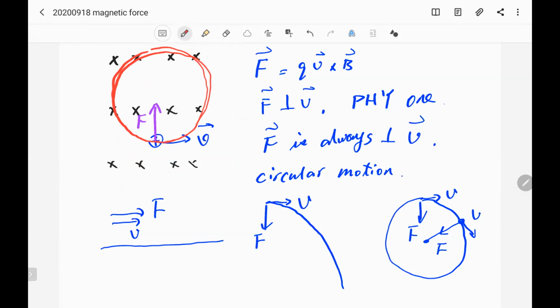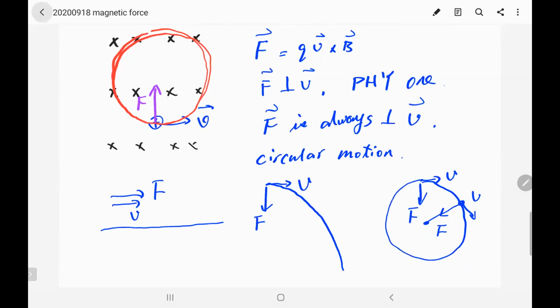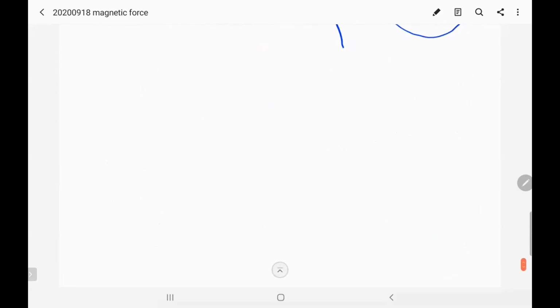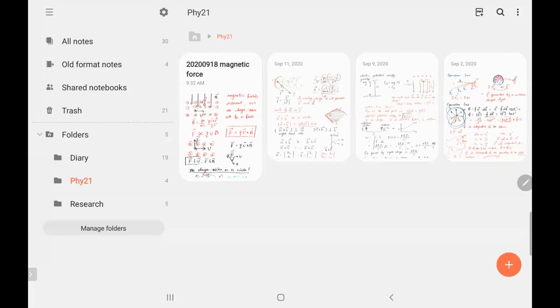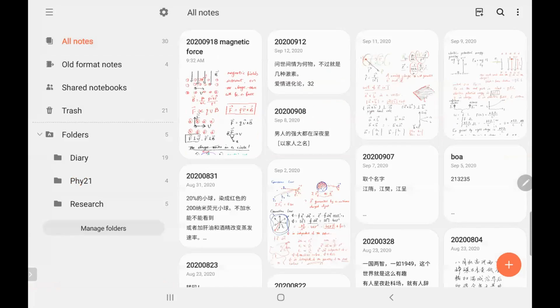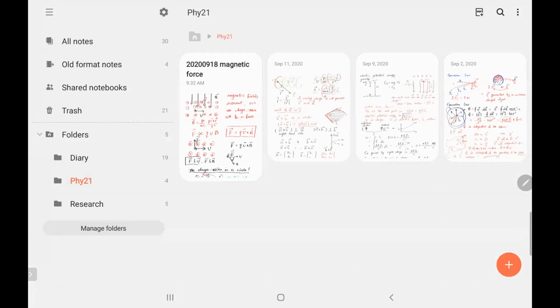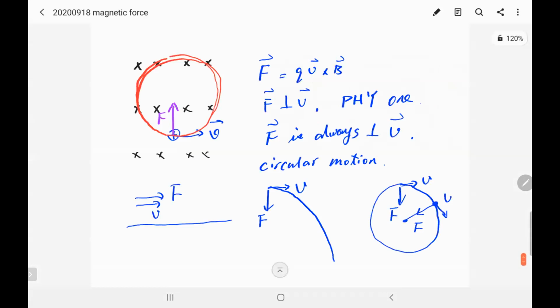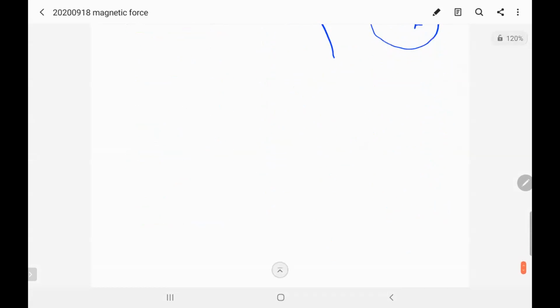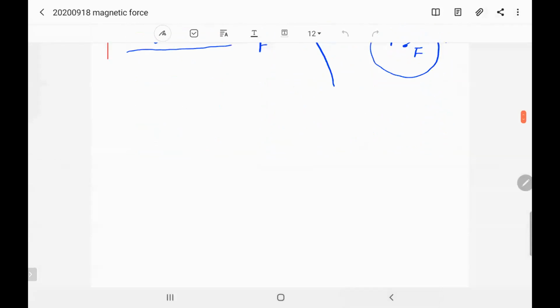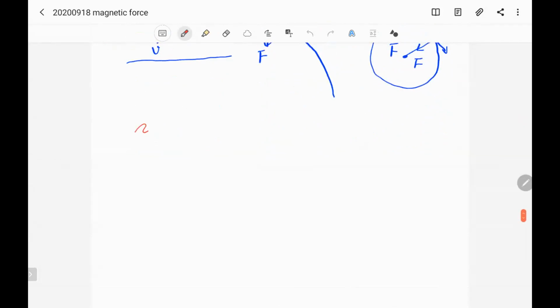And let's calculate the radius of this circle. The radius of the circle actually depends on the centripetal force. Here's my note. So in the magnetic field, we have this one. This is the trajectory of the moving positive charge.